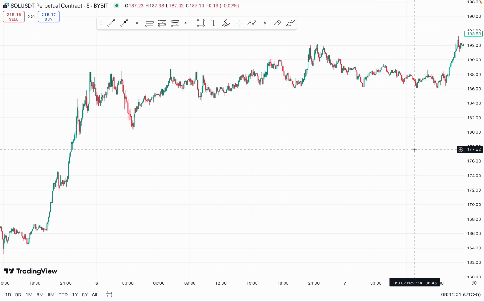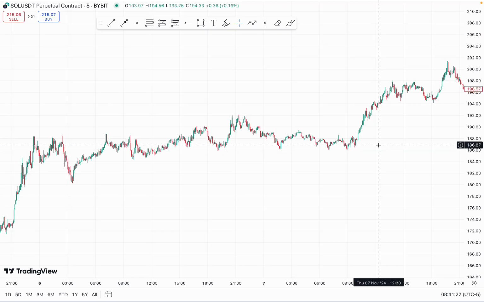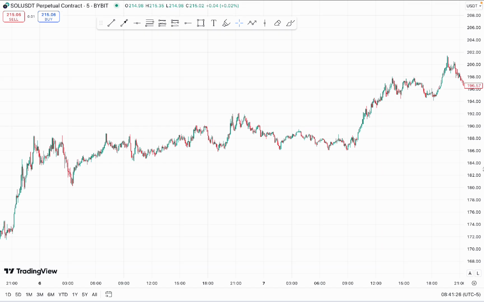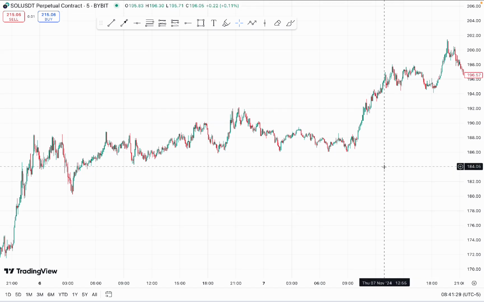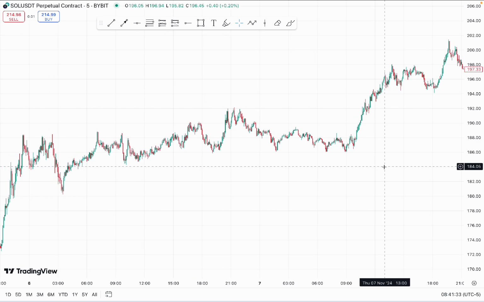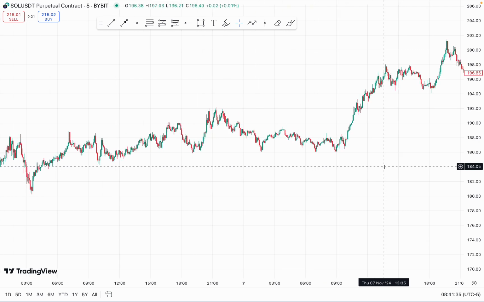Okay, so let's go to the next candlestick pattern, which is the bullish momentum candles. Basically, what this means is these are massive candles, either on the bullish or the bearish side, which indicates either a buy or a sell, but like institutional buys or institutional sells.